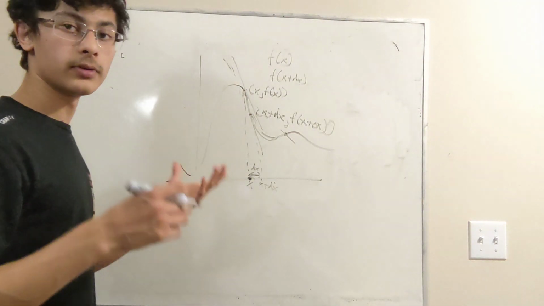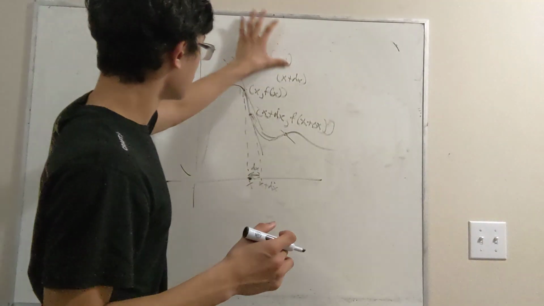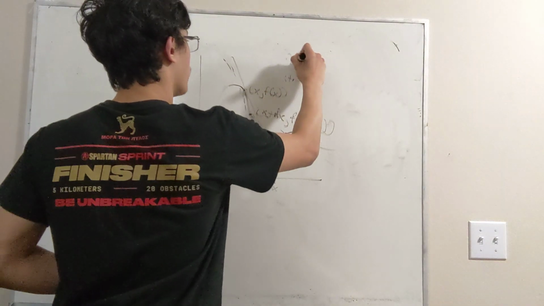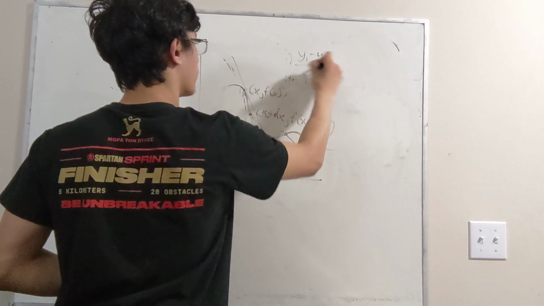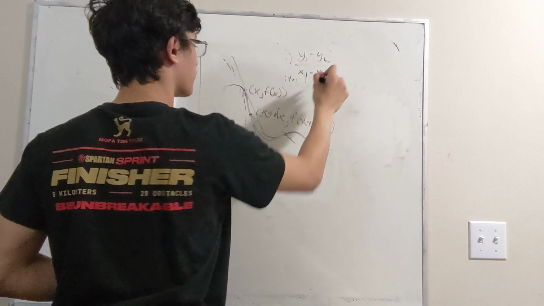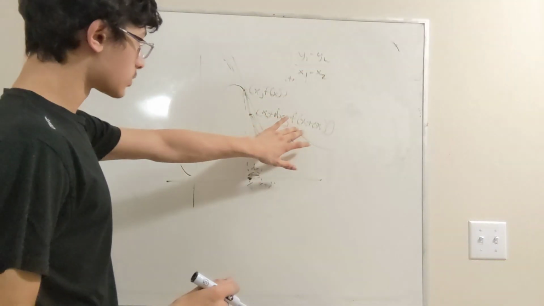So how do we find the slope now that we know 2 points? It's just y2 minus y1 over x2 minus x1. Let's take this one first.